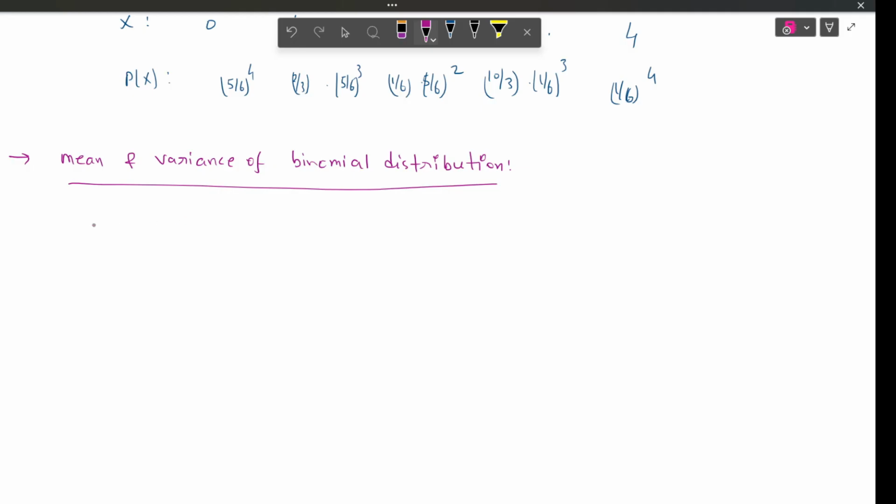So remember this, because we don't have the derivation in your syllabus. So mean of binomial distribution is n into p. Remember this. And variance is npq.